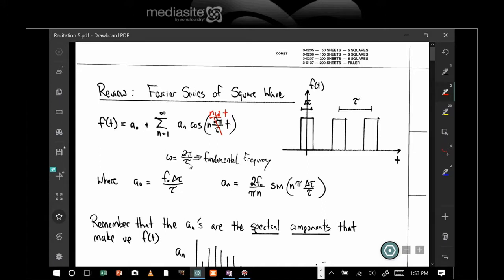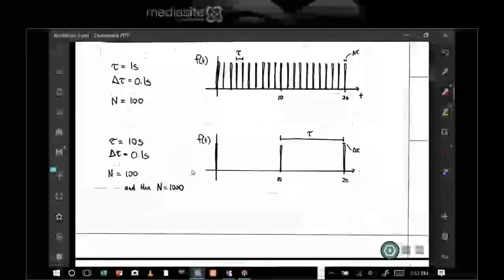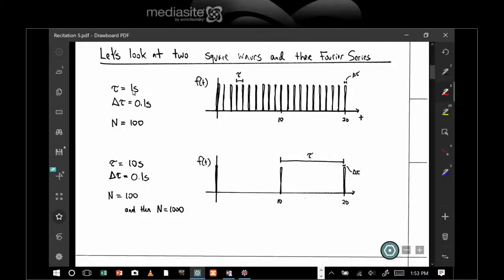For the first case, I can write 100 times 2 pi divided by 1 second, which gives me a specific frequency range of 200 pi, or 2 pi times 100 divided by 1 second.